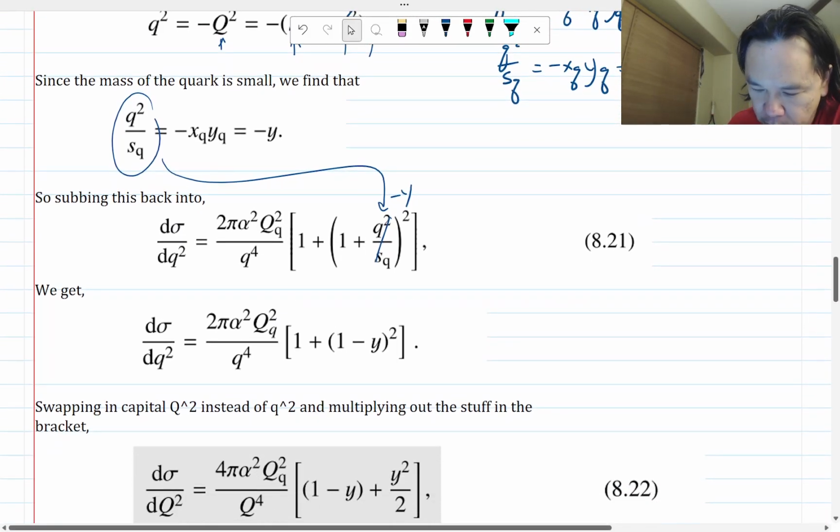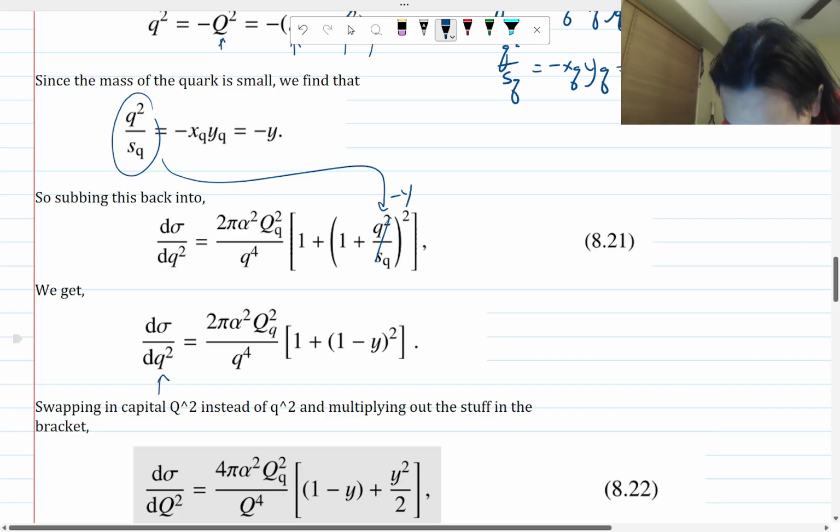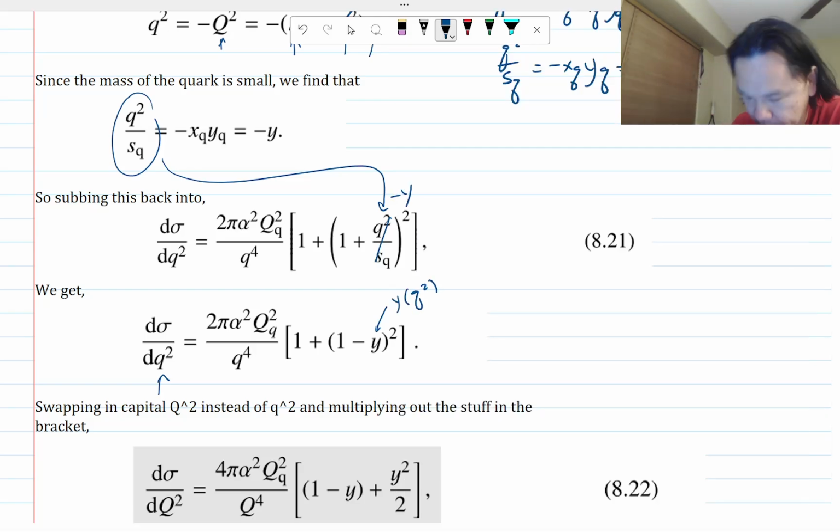So we get the differential cross section in terms of q squared. Be a little careful here: this y actually depends on q squared, so it's not an independent variable. We're going to do another switcheroo and convert this equation to depend on capital Q squared instead.